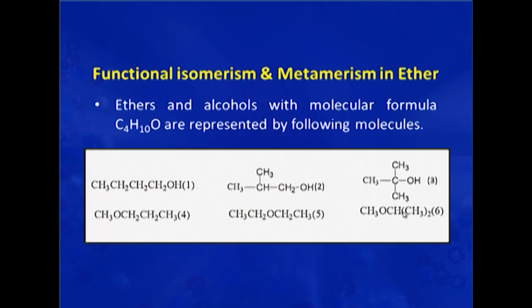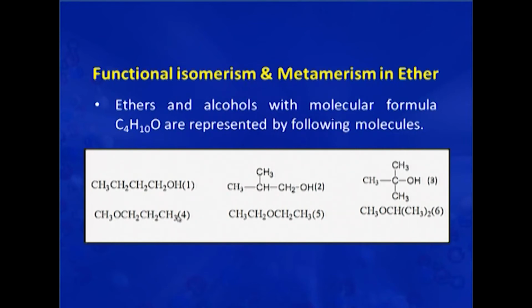If you look at compound 1, 2 and 3, all of them are alcohols and all of them are functional isomers with compound 4, 5 and 6, because 1, 2, 3 are alcohols and 4, 5, 6 are ethers. So, 1 is the functional isomer with 4 or 5 or 6, similarly 2 with 4, 5 or 6 and similarly 3 with 4, 5 or 6.